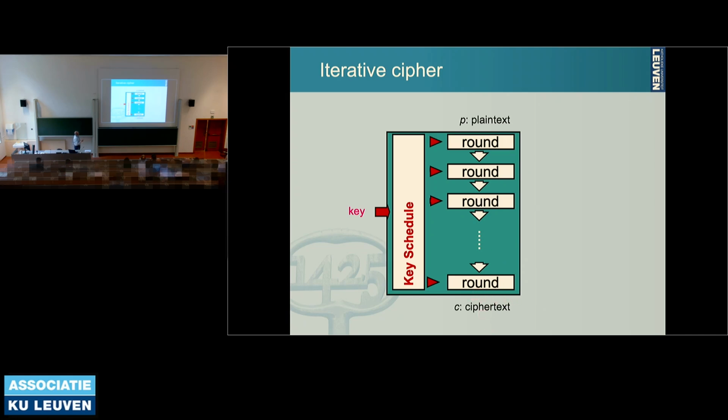Typically, the rounds are a publicly described function that takes as input the output of the previous round, and also takes as an extra input some value derived from the key. We call these the round keys, and they're derived from the cipher key by means of a key schedule. So that's how block ciphers work.